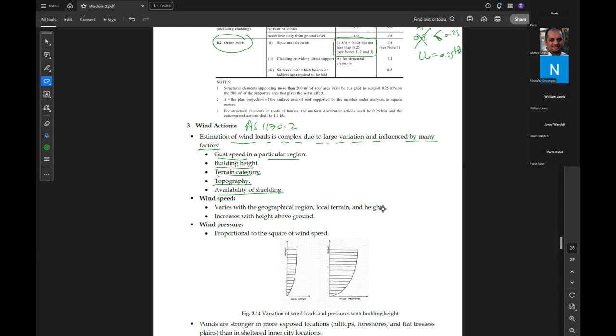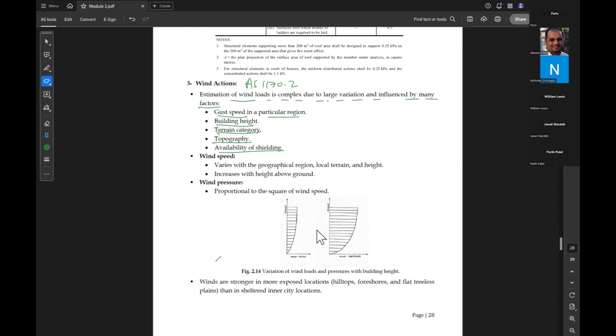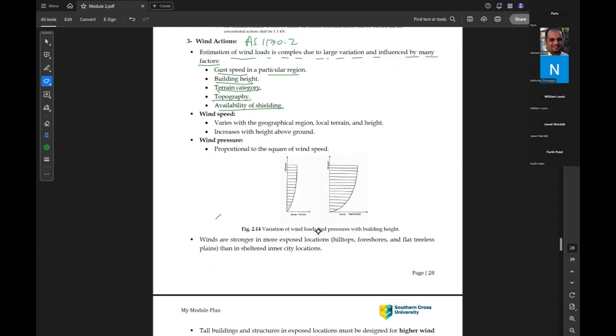All these are factors affecting the wind speed and wind forces. The wind speed varies with the geographical region, local terrain, and height. It increases with height above the ground. So if you have higher buildings, the wind speed is higher. The wind pressure is proportional to the square of the wind speed.